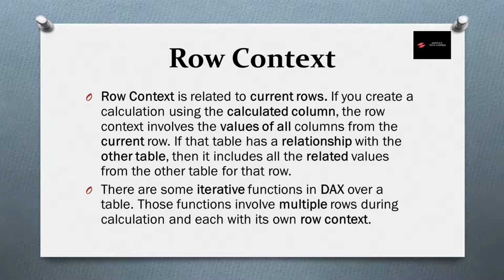If that table has a relationship with another table, then it includes all the related values from the other table for that row. There are also iterative functions in DAX over a table. Those functions involve multiple rows during the calculation, each row with its own row context. So row context is related to the current row only.